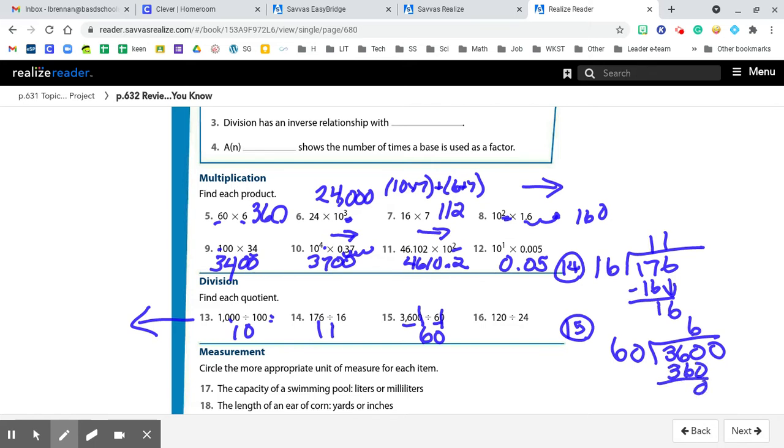And when we bring down the 0, it goes in 0 times. And then number 16, 24 divided into 120. 24 times 5 is 120. So our answer is 5.